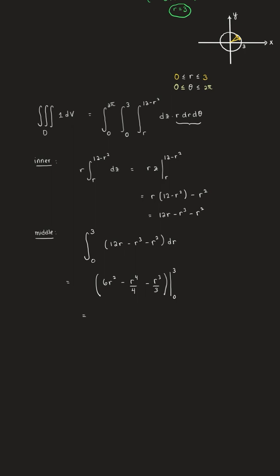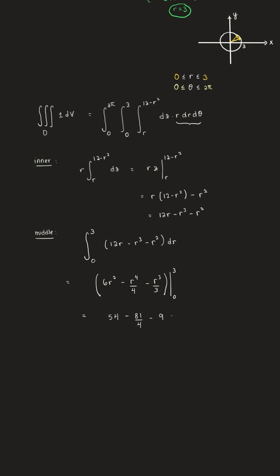So this is going to be 9 times 6, or 54, minus 81 over 4, minus 27 over 3, which is 9.